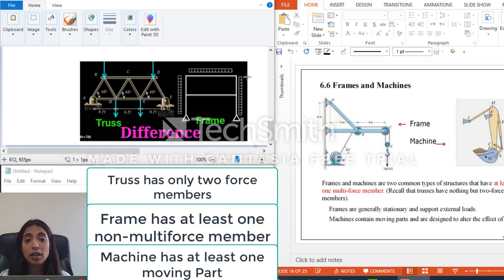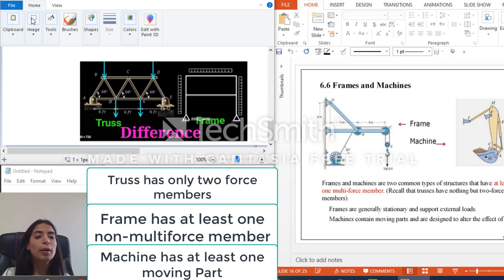So this is, guys, the main difference between truss, frame, and machines. And remember, the main difference between truss and frame is that the frame has at least one multi-force member. Multi-force means it is not a two-force member.